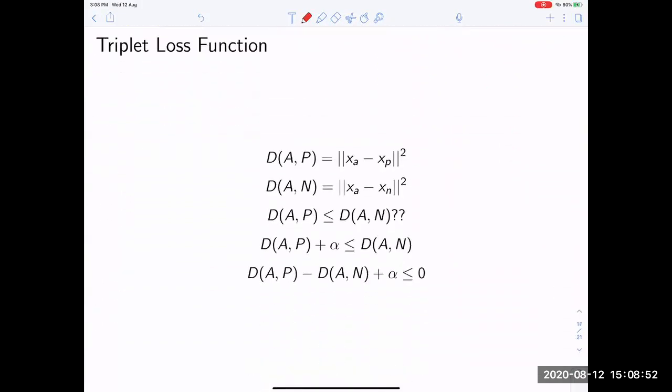Then I find out the distance between anchor and positive, and anchor and negative. You can understand that the distance between anchor and negative has to be more than the distance between anchor and positive. This is the point where triplet loss is going to allow you the generalizability, the flexibility that you are looking for.